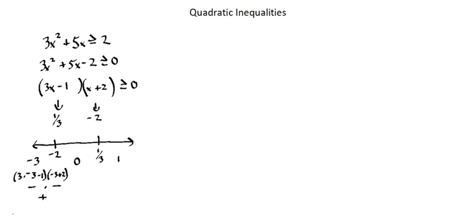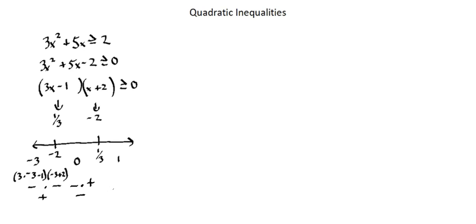For now, let's continue on to consider 0 as a possible value of x. In evaluating 0, I won't write out the entire process. I'll simply identify the sign of each of the expressions. 3x minus 1 would be 3 times 0 minus 1, which will be a negative value, multiplied by x plus 2, 0 plus 2, will be a positive value, and negative times positive gives a result which is negative.